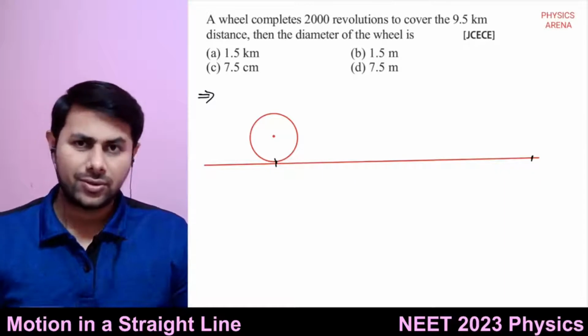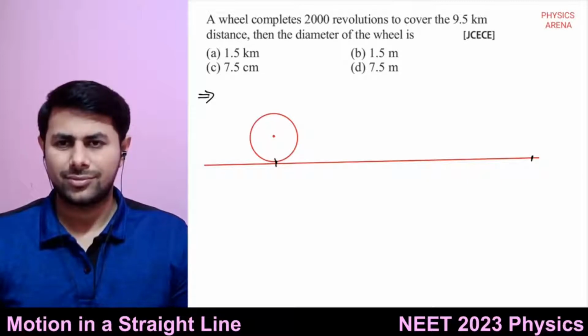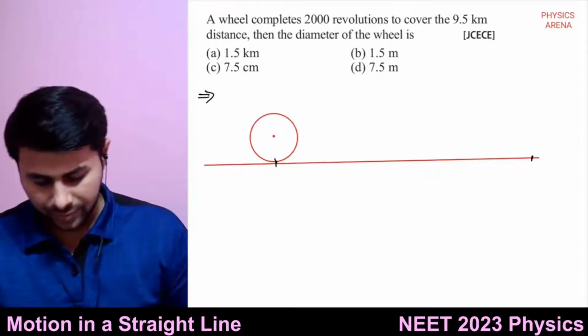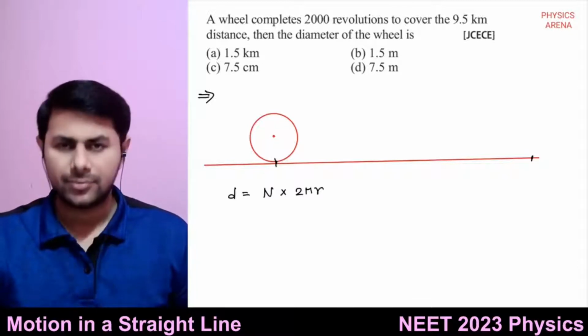Distance covered on the road in one revolution, it will be 2 pi r. Yes, sir. Okay, so distance covered is equal to number of revolutions multiplied by 2 pi r.